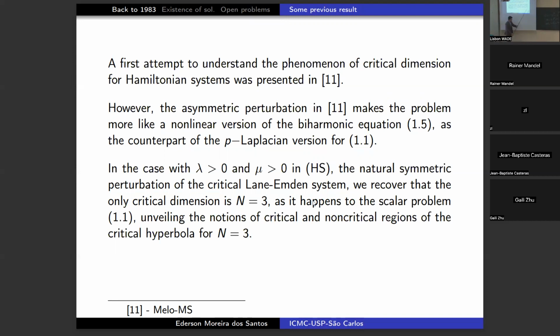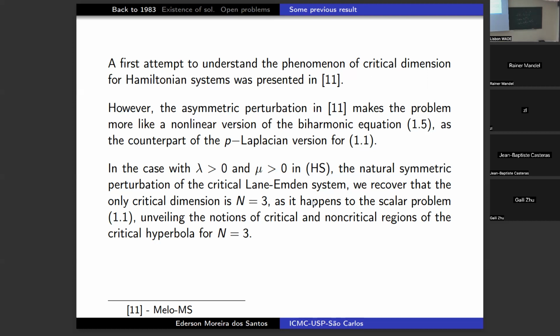Because when we consider this version, which looks very much like the biharmonic, we have 3 critical dimensions, 5, 6, and 7. For this case, we also had a range of what would be critical dimensions. But indeed, again, we could read this in the sense of parts of the critical hyperbola.